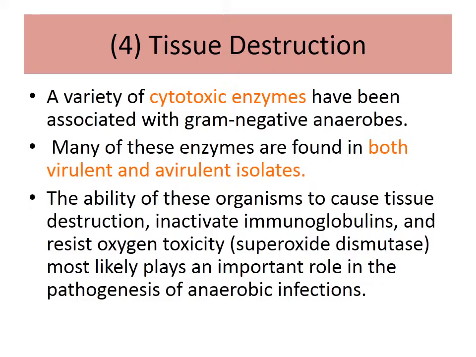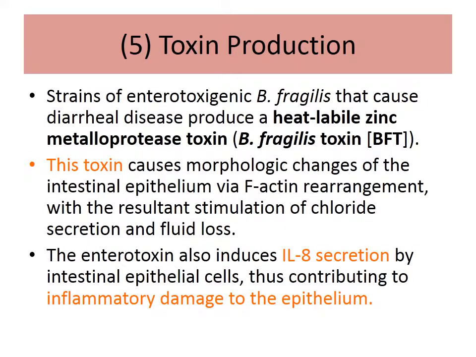And then again, as we said earlier, they resist oxygen toxicity because they have SOD, superoxide dismutase. So they all play an important part. And if you remember when I talked about Clostridium, I said when there was no treatment for Clostridia, patients used to be kept in oxygen chambers to increase oxygen content to save the patient and kill bacteria.